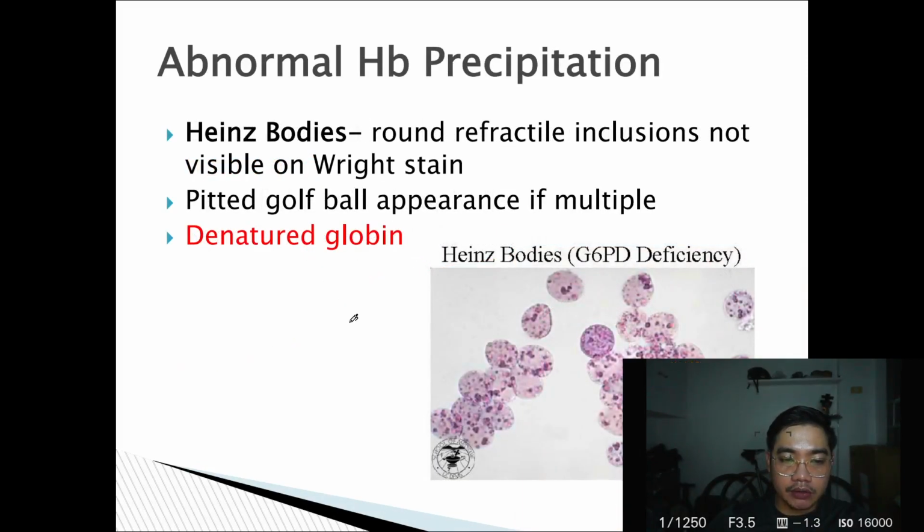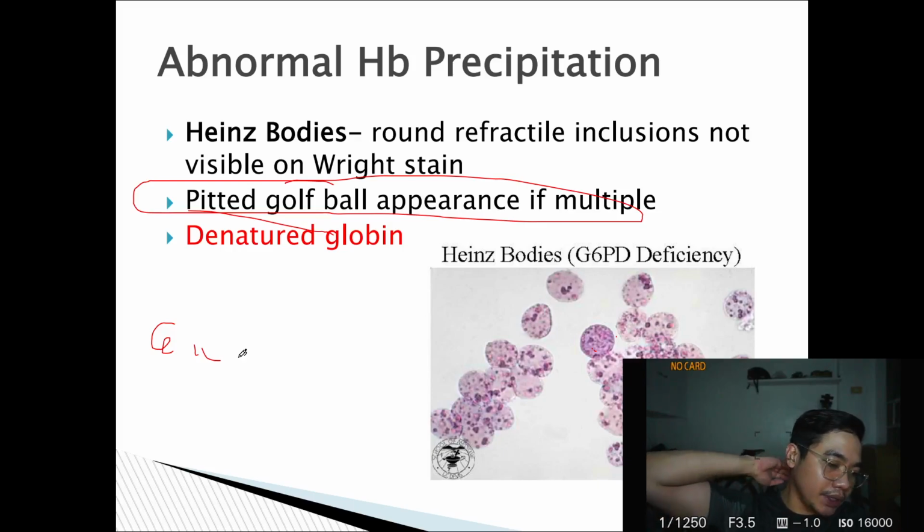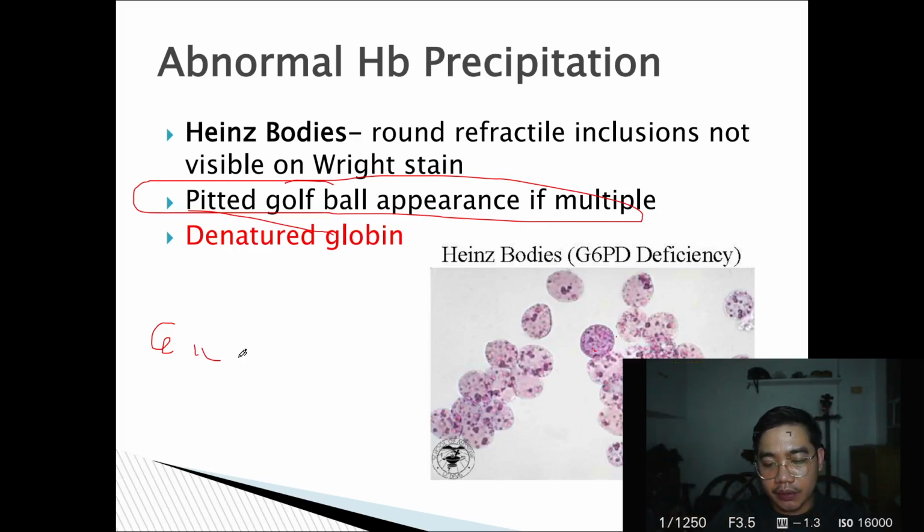Heinz bodies. Heinz bodies da itong golf ball. Basophilic stippling is finer. Heinz bodies usually found in your G6PD. So that's what happens. So what is G6PD? A short lecture. G6PD is an enzyme deficiency that will lead to lack of reduction of your glutathione.